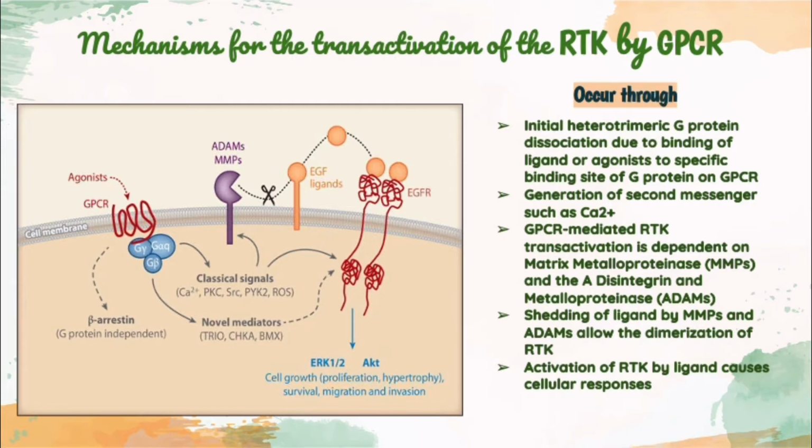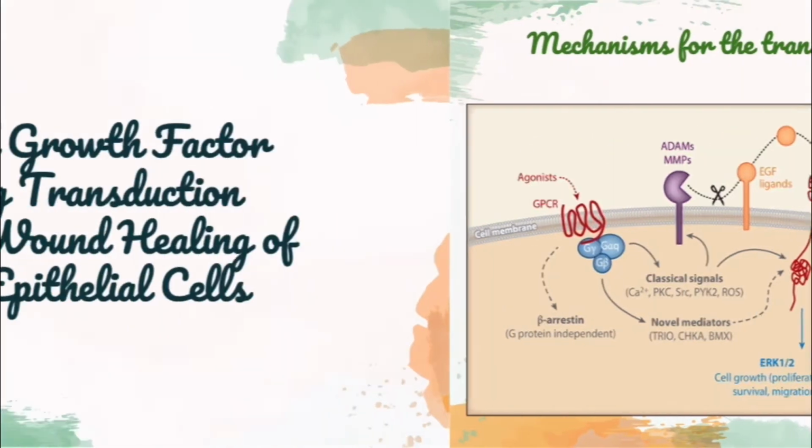GPCR-mediated RTK transactivation is dependent on matrix metalloproteinases MMPs and the A-disintegrin and metalloproteinases ADAMs. Shedding of ligand by MMPs and ADAMs allows the dimerization of RTK. This activation of RTK by ligand will cause cellular response.